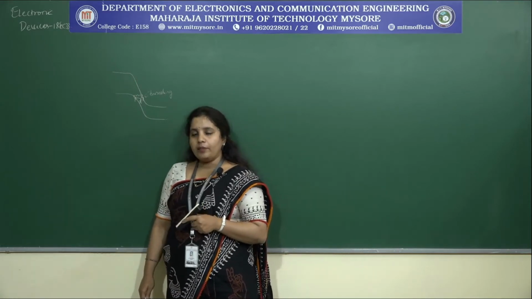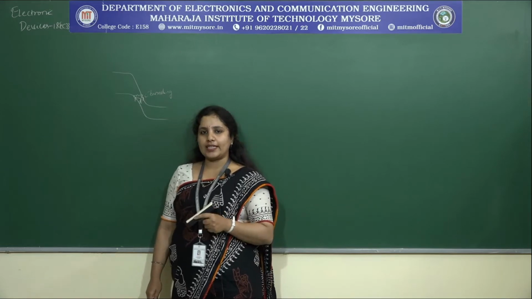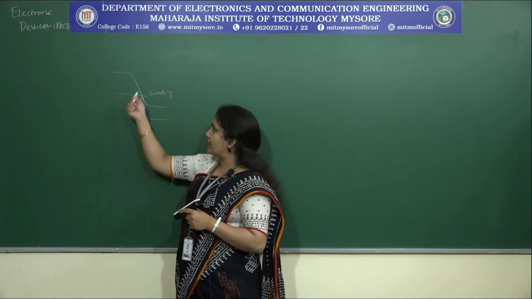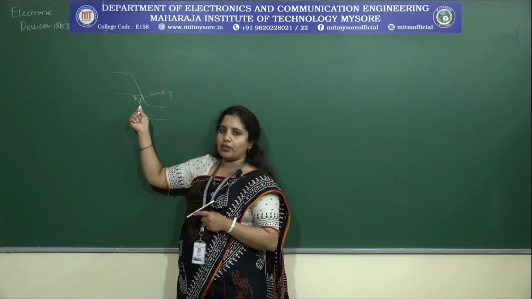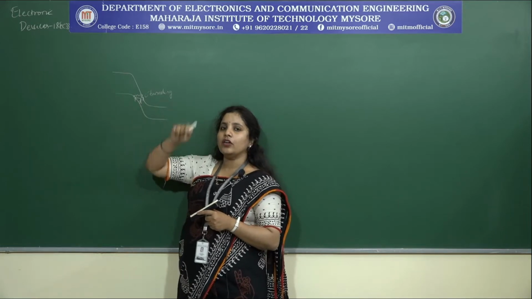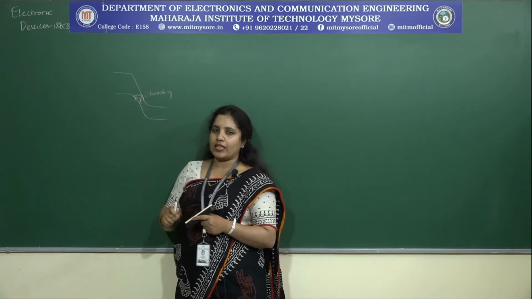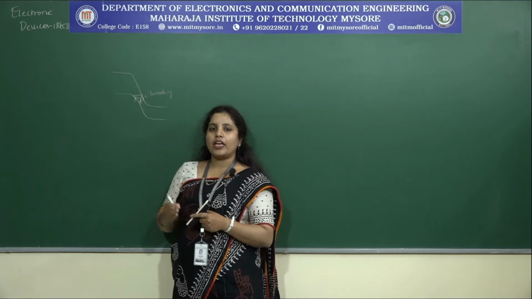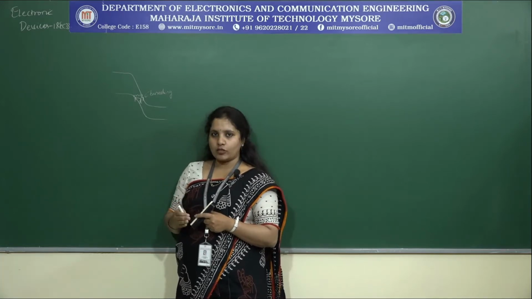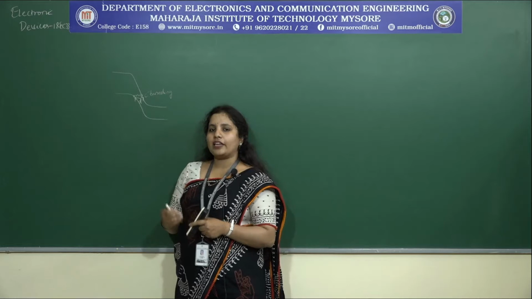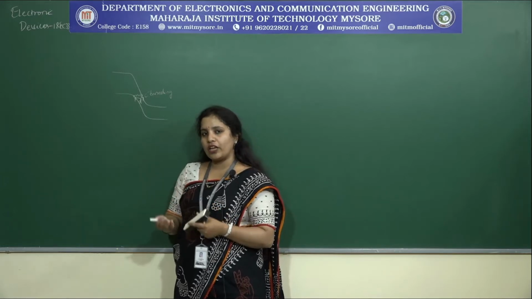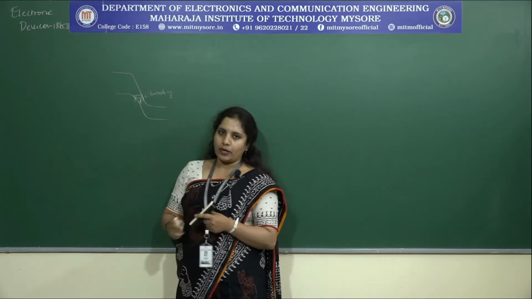One key point you have to understand here is, when this electron tunneling is happening, how can I relate that with the covalent bonding I mentioned in the previous class? It is nothing but the breaking of covalent bonds, which in turn makes the electrons free to move to the conduction band.